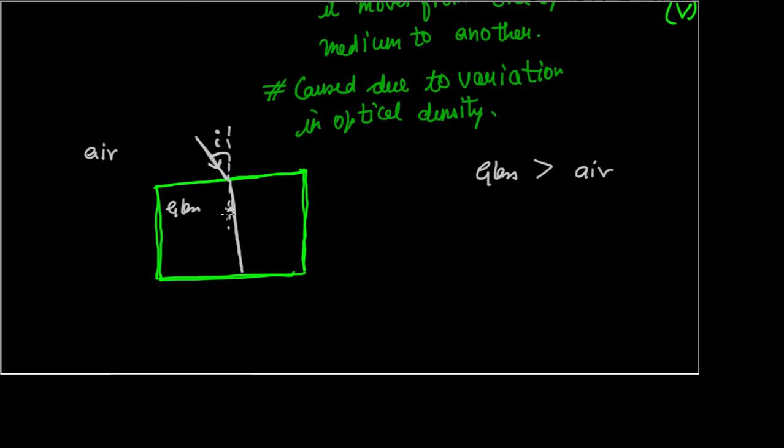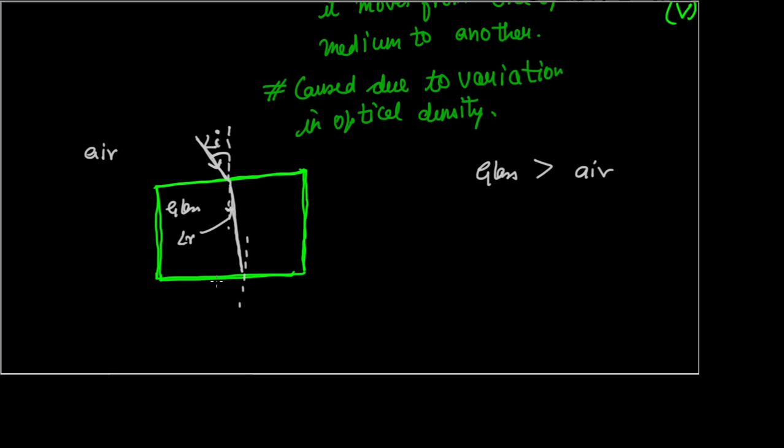And this is going to be your angle of refraction. So this is your angle of incidence, this is your angle of refraction. So basically it bent towards the normal. Now after that, you are entering again the interface, which is the basic boundary between air and glass.